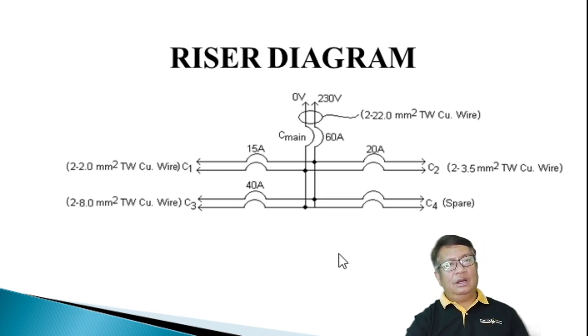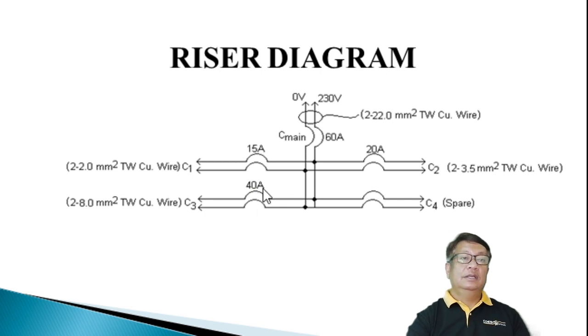So what are the things that the riser diagram includes? Like the breaker setting, for lamps, for example, C1, we have 15 amperes. For C3, we have 40 amperes, this is for your electric range. And for your C2, we have 20 amperes.